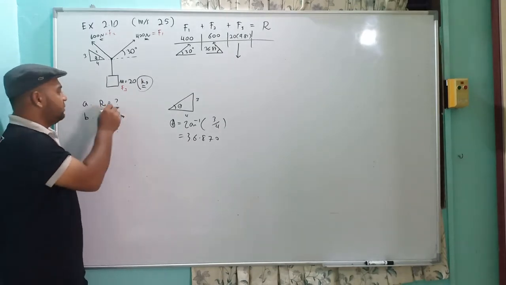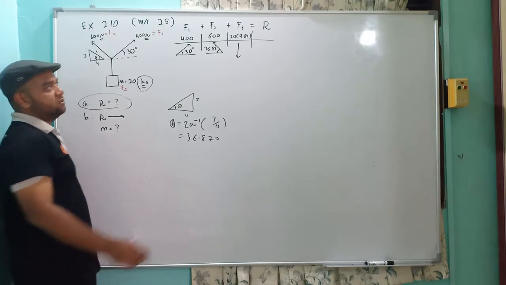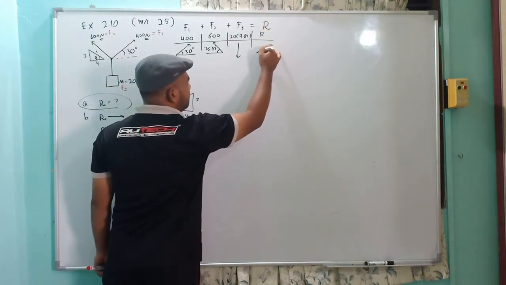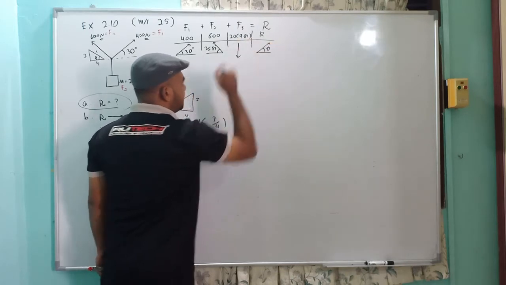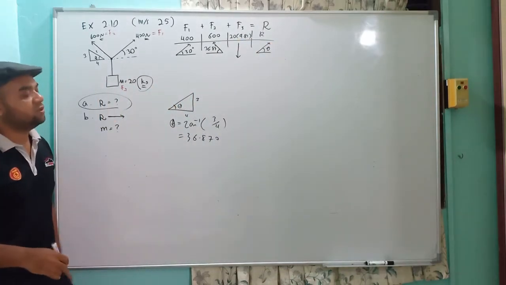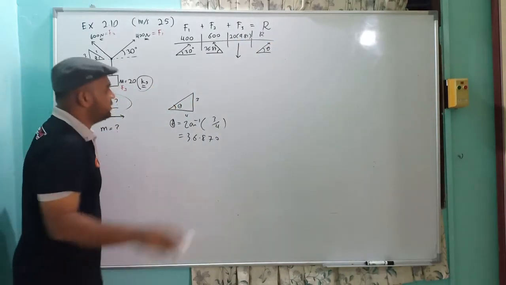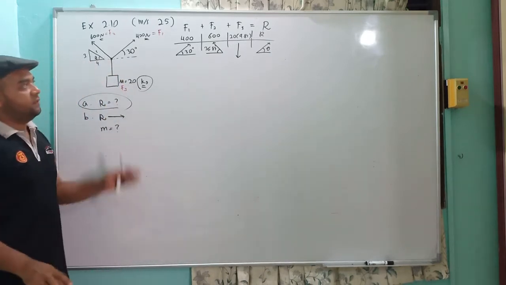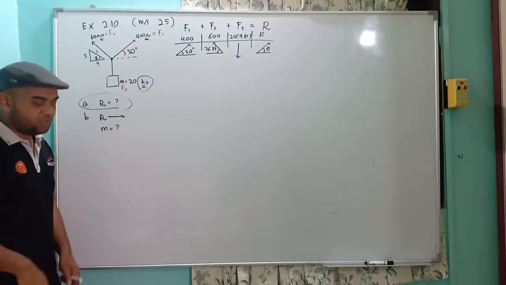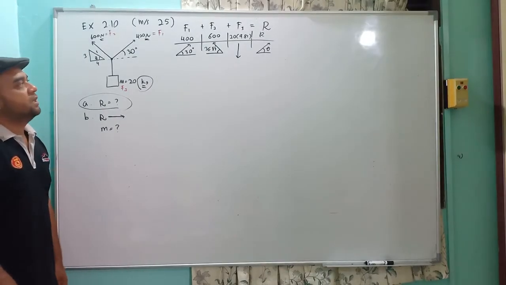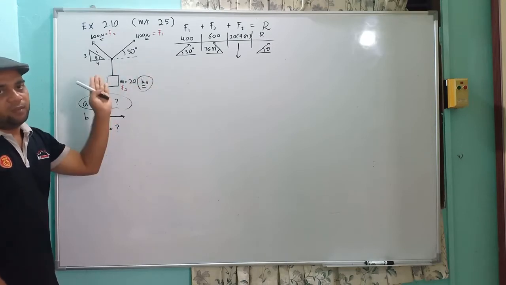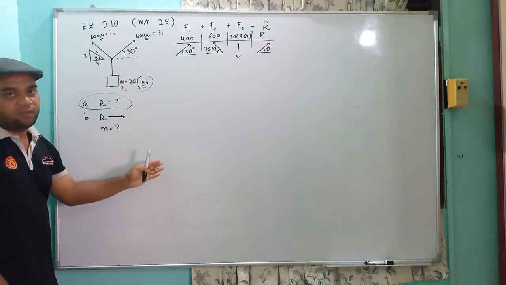Okay, the R. In this case, for the first one, we didn't know which direction, so you just put it as R, and the direction I will assume always in the first quadrant. My assumption is always go to the first quadrant. Okay, same assumption. So I have this equation. Now I have to resolve all these forces into x and y direction because it is the rectangular component.